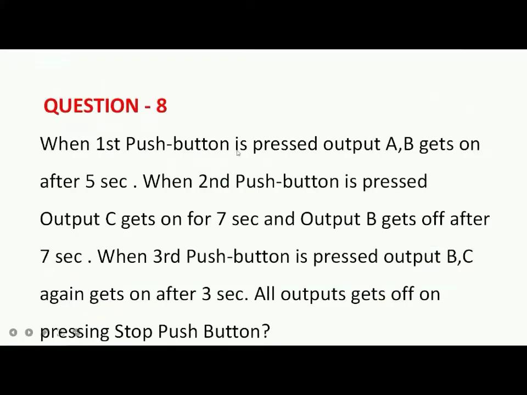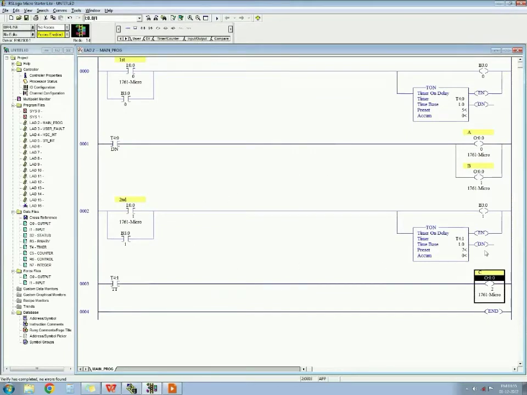Okay, and side by side output B gets off after 7 seconds. So as output C is getting on for 7 seconds, as C gets off, side by side output B also gets off after 7 seconds. So as output B is getting off, I have to use an NC to break the supply for output B, and it is getting off after 7 seconds.